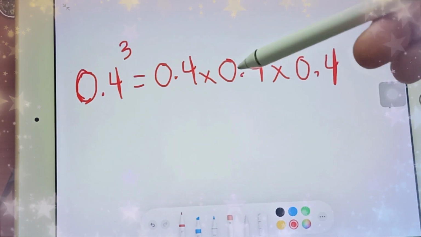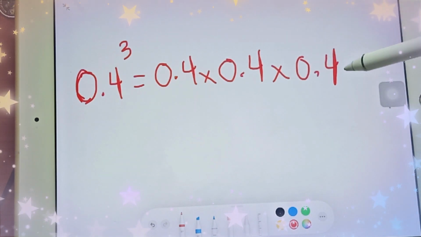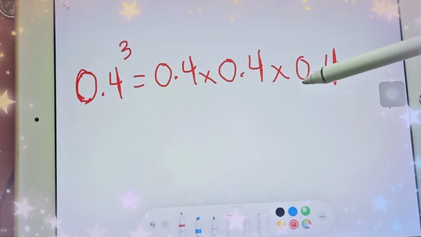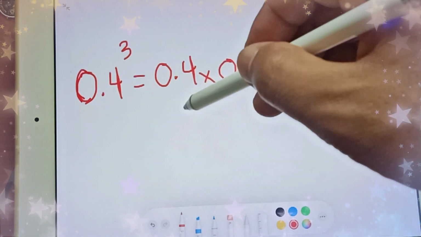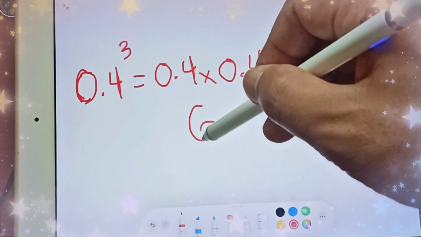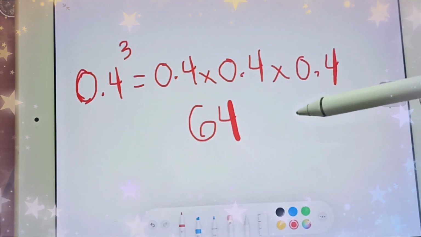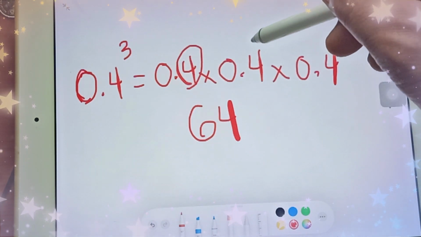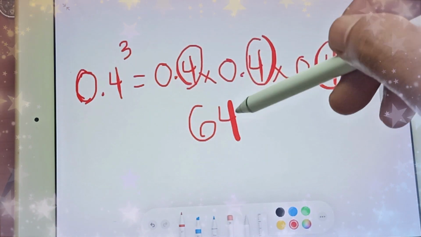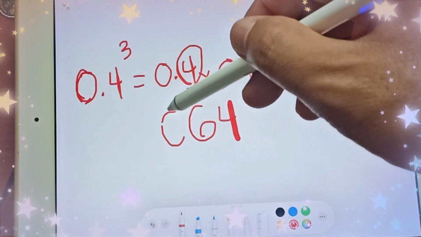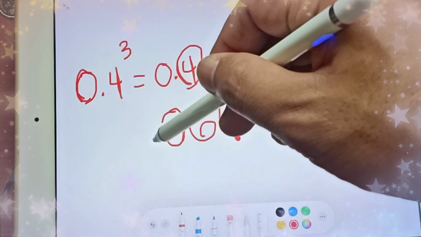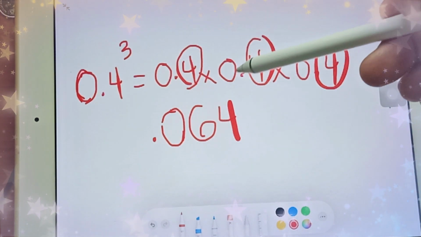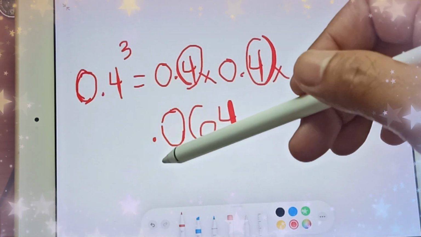So what is 4 times 4 times 4? 4 cube is 64. And then you count the decimal places: 1, 2, 3. You add 0 in front, then you add the point in front also. So the answer when you multiply 0.4 times 0.4 times 0.4 is 0.064.